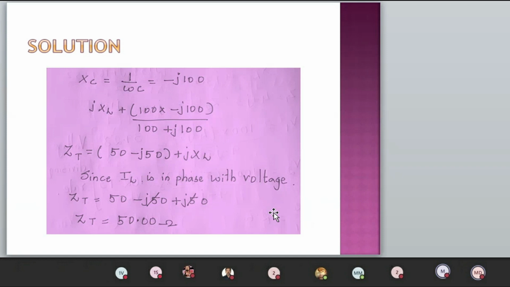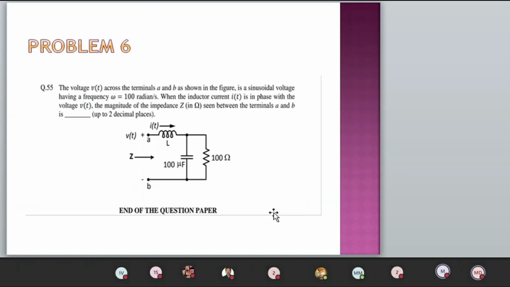So plus j50 minus j50 will get cancelled and the total impedance is 50 ohms. Kindly understand, you should be able to pick up how the clue is given.